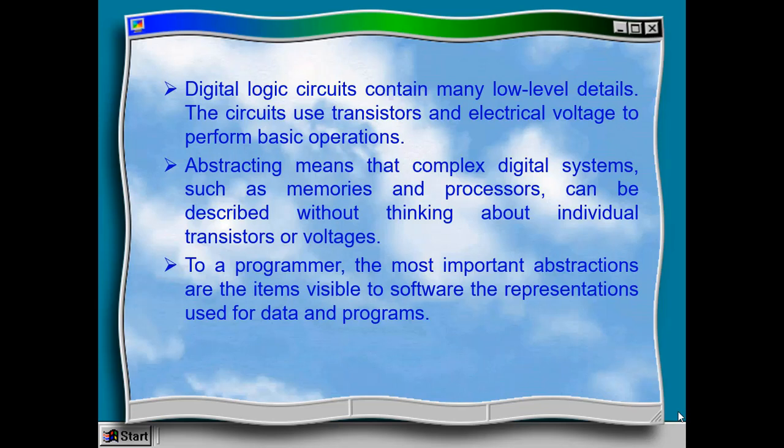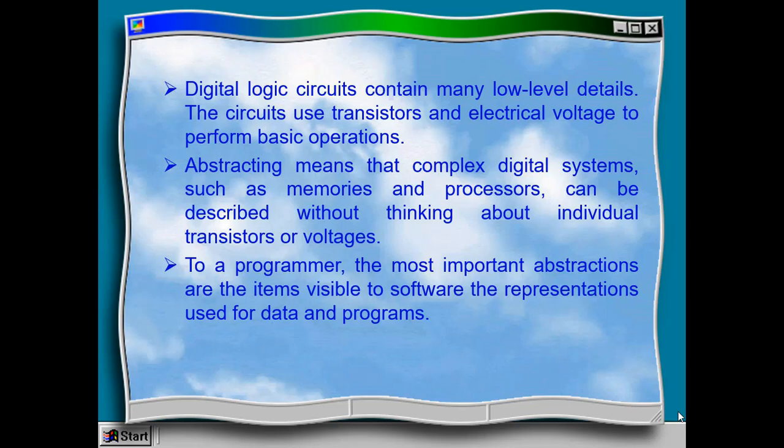So when computer architects use logic gates to design computers, they do not think about such details. Instead, they use abstract designations for the logical 0 and 1 from Boolean algebra, right? So abstraction means that complex digital systems such as memories and processors can be described without thinking about individual transistors.